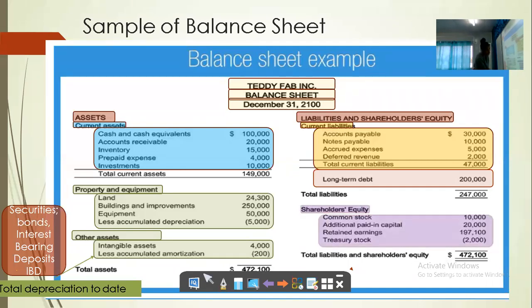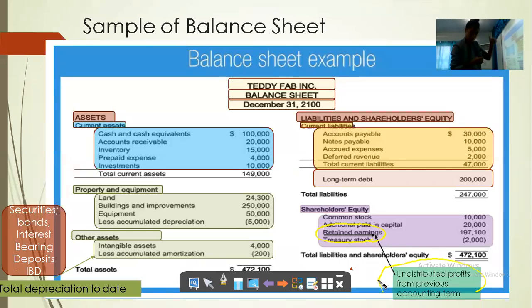So far, so good? Okay. Yes, question. What is a retained earning? Retained earning is shown in the equity section of the balance sheet. This is the amount of money that you kept, that was earned in the previous accounting period, and that money has not been used.